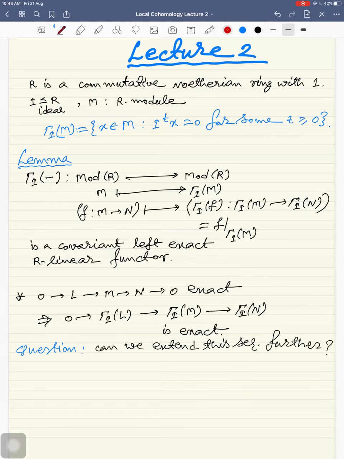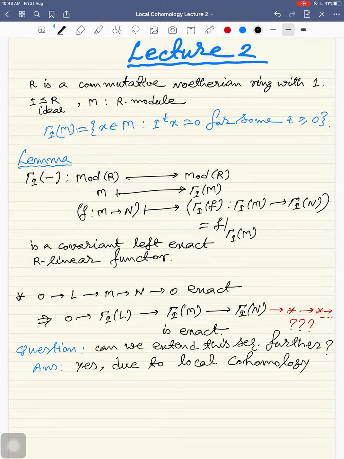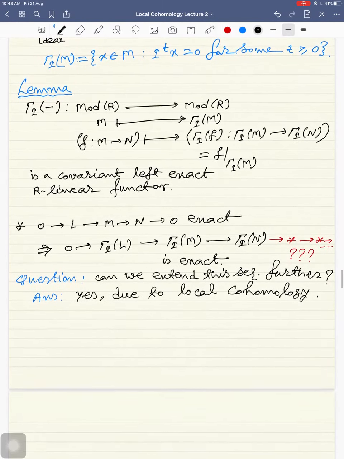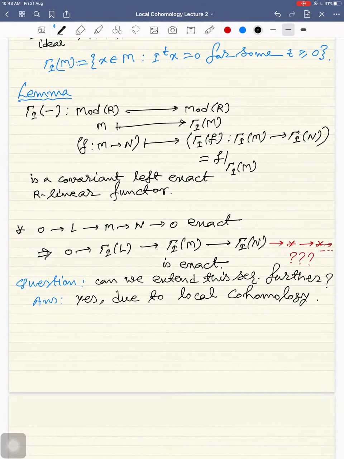So that means can we extend it here? So this is the question, and again the answer is yes, it is due to local cohomology. And today we will define what local cohomology is.